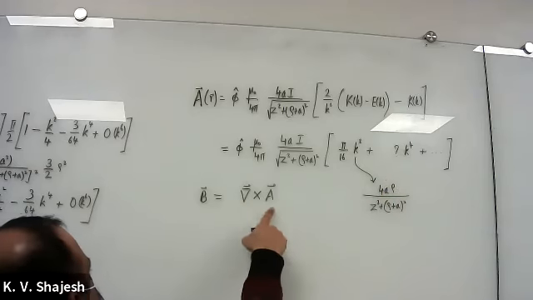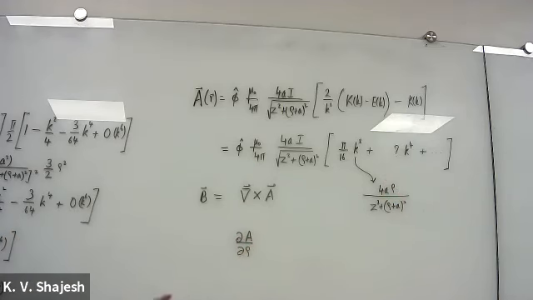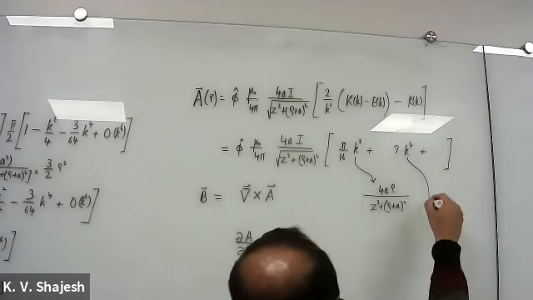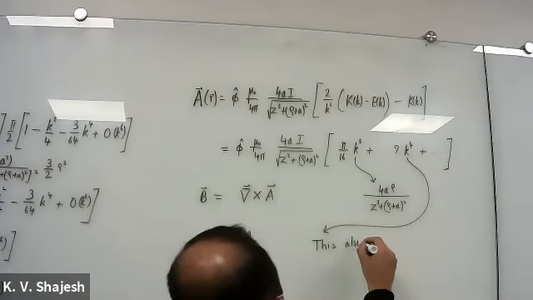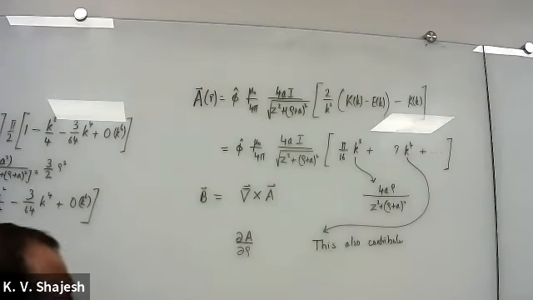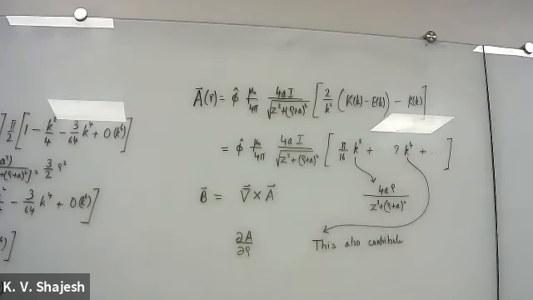Now, when you take the cross product here, there was one place where you take the derivative of a with respect to rho. That showed up. And the point here is that there is a contribution to this term even from here. This also contributes. So when we are dropping the k raised to 4 term, that is exactly what causes this sign to flip.